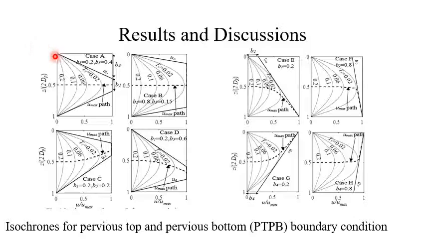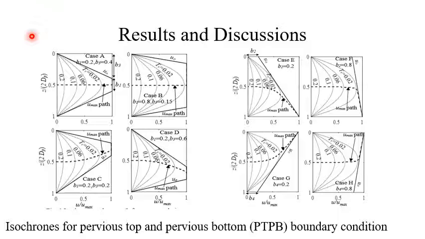In the figure, the solid line represents the shape of initial excess pore water pressure, the dotted lines represent the different isochrones, and the dashed line represents the Umax path, which is the locus of the maximum point on the isochrones. The isochrones are drawn for time factors of 0.02, 0.06, 0.1, and 0.2.